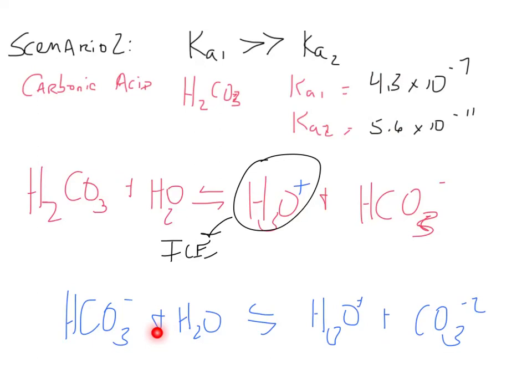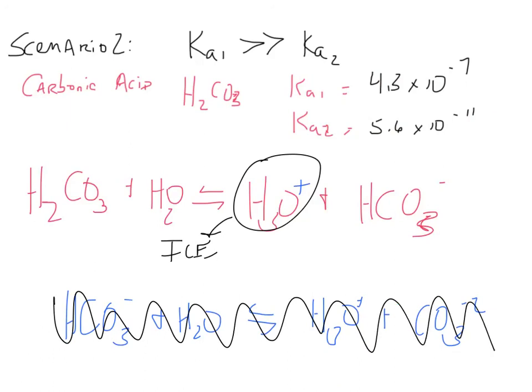But through approximation, we're going to ignore this second dissociation, because the amount of hydronium that we would get from it is so small relative to the amount from the first dissociation that it's not going to affect the pH significantly. So we would just do the first ice table, use this hydronium ion concentration in our pH calculations, and solve for the pH.